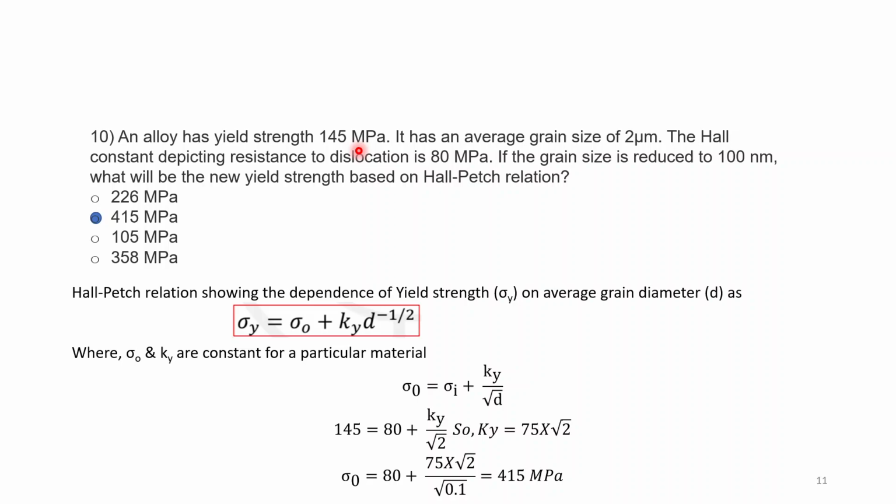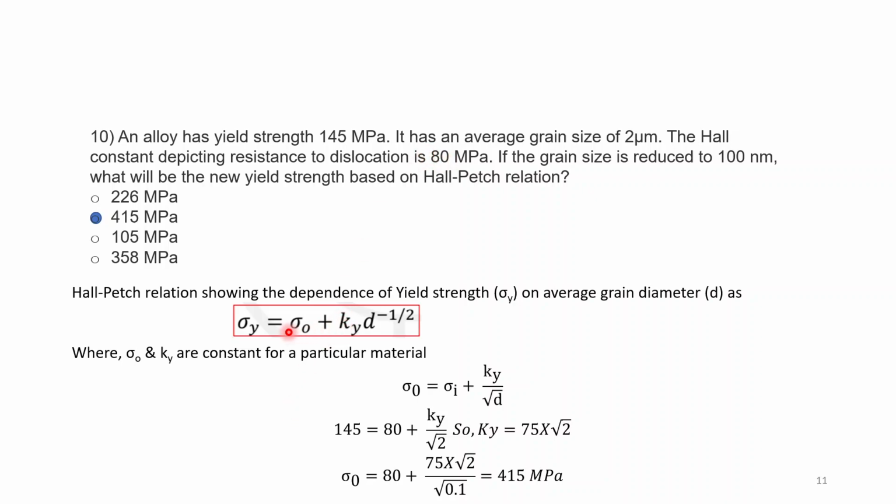Ma'am, the constant value, whatever the ky you taken, does it vary from material to material, or is it the 75 you taken here? Ky you are solving from initial values. You are given yield strength and grain size and this Hall Petch constant, right? So using those you will be finding out ky value.